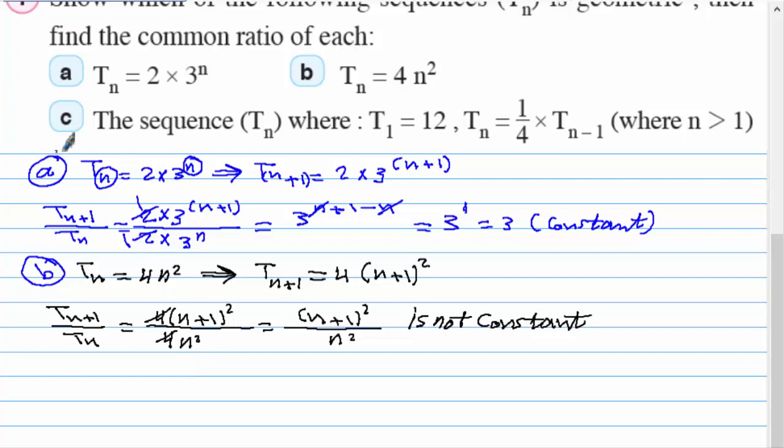What about the sequence in 3? Here we have Tn equals 1 over 4 multiply Tn minus 1, and n is greater than 1.